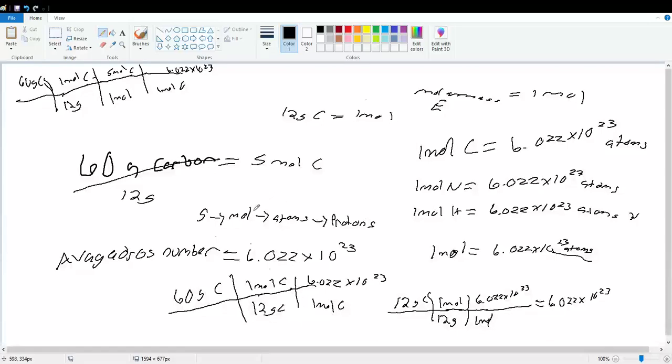Well, let's use our example again. 60 grams of carbon divided by the molar mass of carbon, which is 12 grams, will give you 5 moles. And in 1 mole you have 12 grams. So once you do that, you have 5 moles. And then for every mole, you have 6.022 times 10 to the 23 atoms.